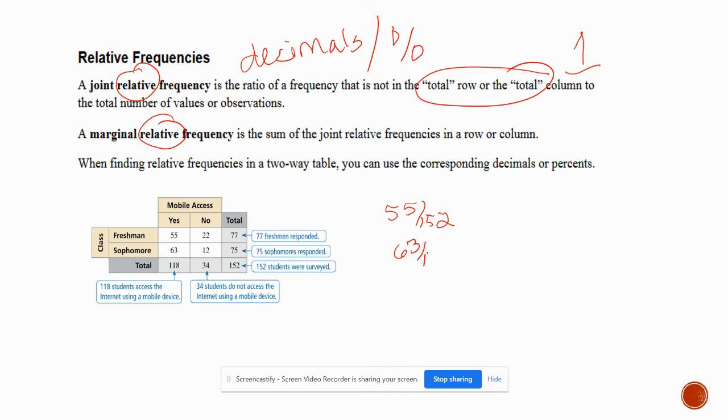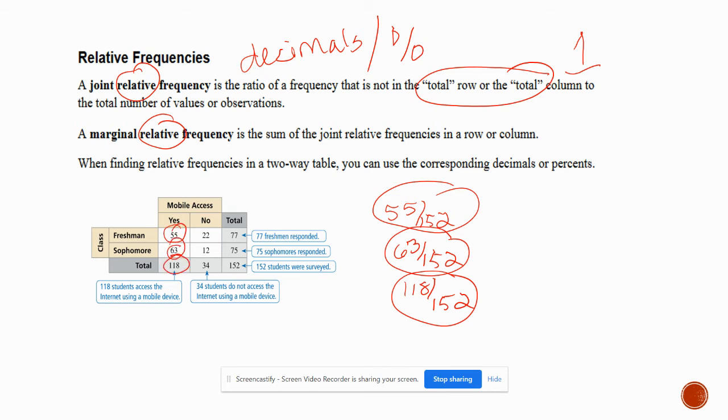Sophomores, 63 out of 152. And then our total is 118 out of 152. When we divide these to get the decimals, that would go in place of these values. So that's what we're moving towards in our samples.